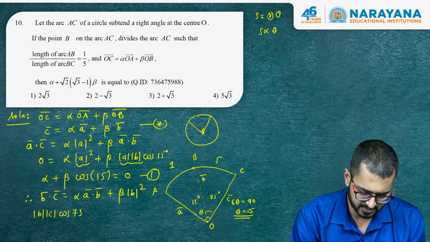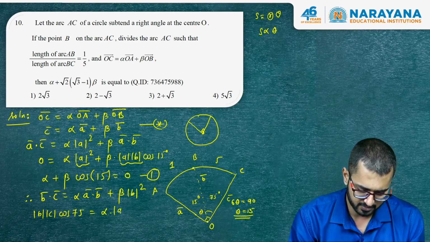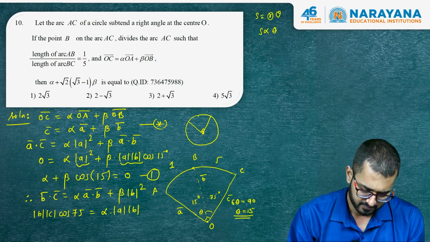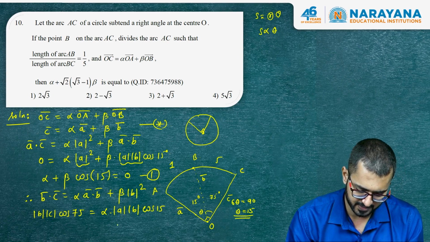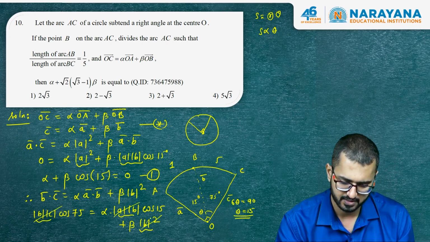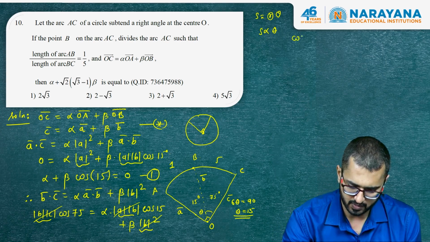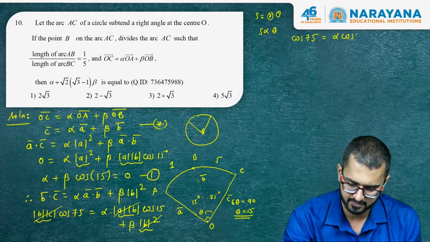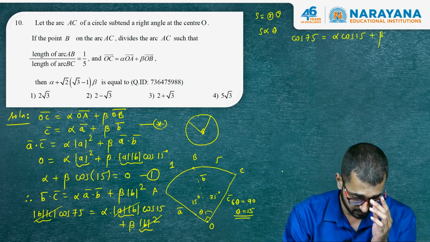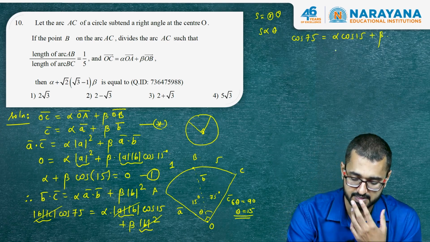So I'll be having here cos 75 equal to alpha times mod B. The angle between A and B is again 15, so I'll write cos 15, plus beta into mod of B square, and we know that these are all the radii of the circle, so this will be completely gone from the equation, and I'll be left with cos 75 equal to alpha cos 15 plus beta.